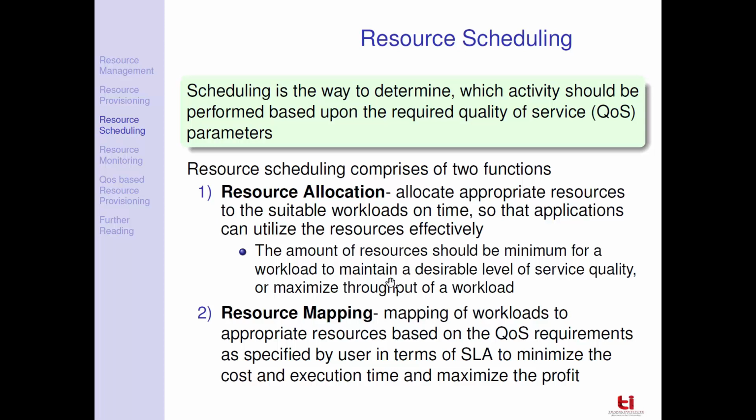That is important from the cloud provider's point of view, and desirable quality of service has to be maintained. This is required from the user's point of view. The next is resource mapping, that is, mapping of workload to appropriate resources based on QoS requirements, as specified by the user in terms of SLA, to minimize cost and execution time and to maximize the profit.